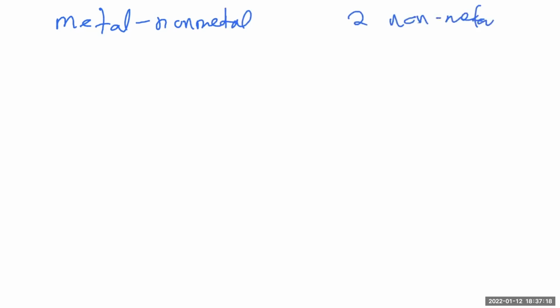So we have metals. There's only 2 types of combinations. Metal can combine with a non-metal, and 2 non-metals can combine. You never get metal combined with metal. It's either metal and non-metal or 2 non-metals. When metal combines with non-metal, it goes by charges. That's what determines how they combine. Non-metals combine by their electrons, which is a little bit different.